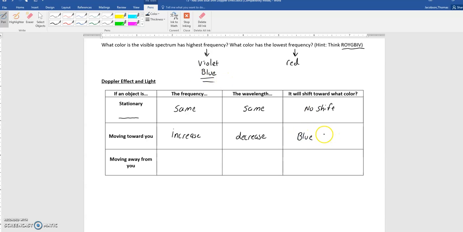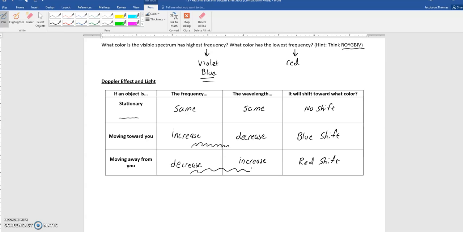So that means that the light would shift a little bit more towards the blue end. And it goes the opposite. If the light is going away from you, the frequency would decrease and the wavelength would increase, and therefore we would say it has a red shift. So this light might be looking like this, whereas this light would be more spread out.